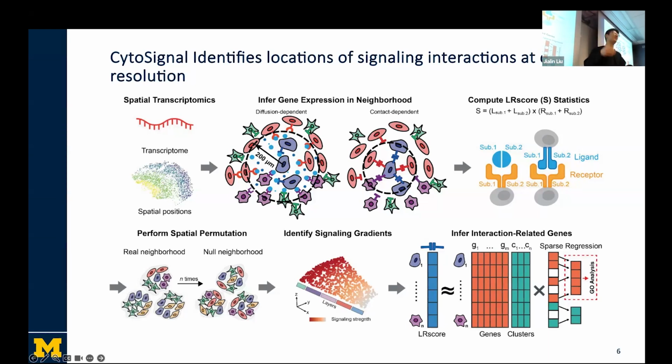There's no way that, for example, in a mouse embryo, one cell in some part of the tail communicates directly with some cells in the brain. It's just not possible. So this is why we make this assumption.